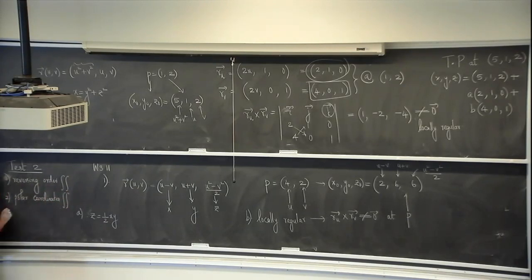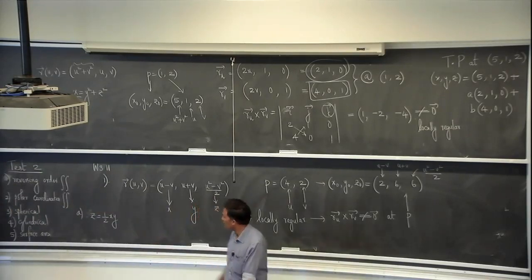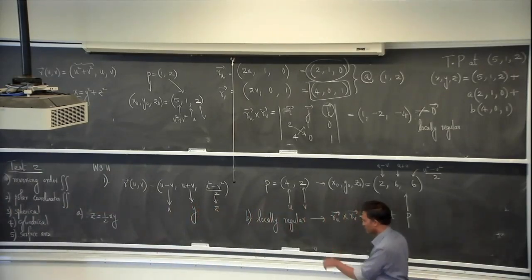One spherical coordinates. One cylindrical coordinates. And one surface area question, which we will cover tomorrow. But we have covered the concept today, so you're taking the cross product and kind of taking the magnitude. So those are the 5 types of questions I'm covering on test number 2. So you should be able to do most of it at this point, except for number 5.